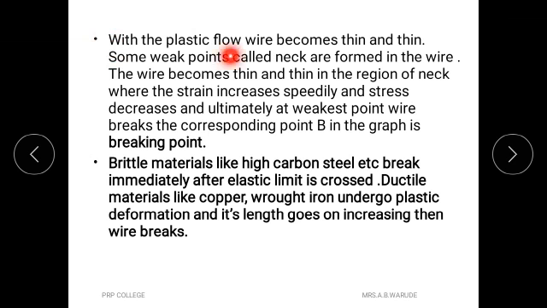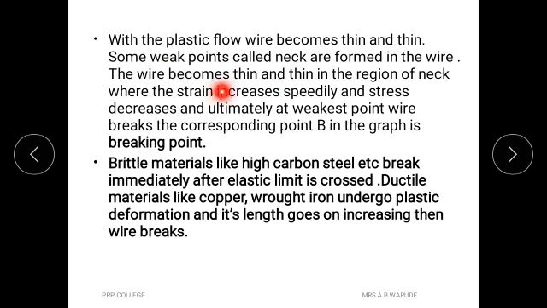And with the plastic flow, the wire becomes thin and thin. We know that when load is continuously applied, there is a permanent change in the length of the wire, or in the shape and size of the object. Here it is observed that after plastic flow the wire becomes thin and thin, and due to that some weak points are formed, called neck points.